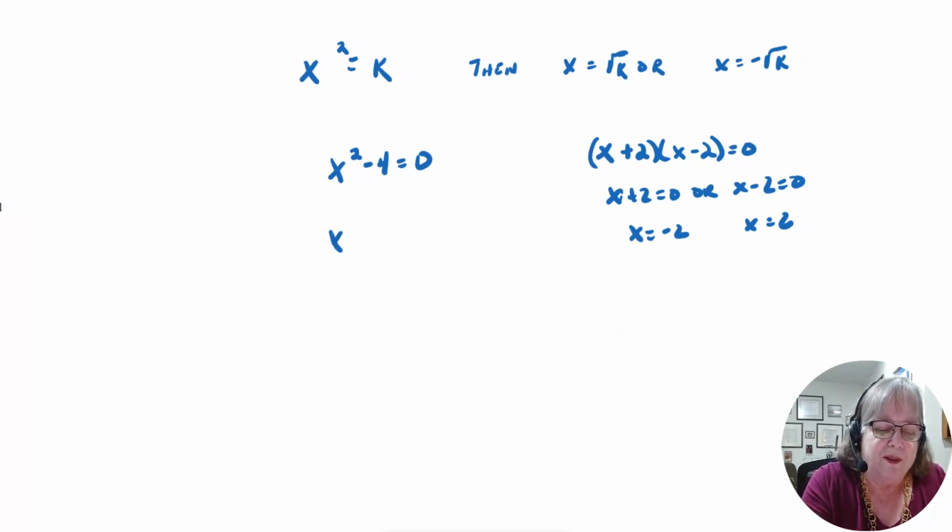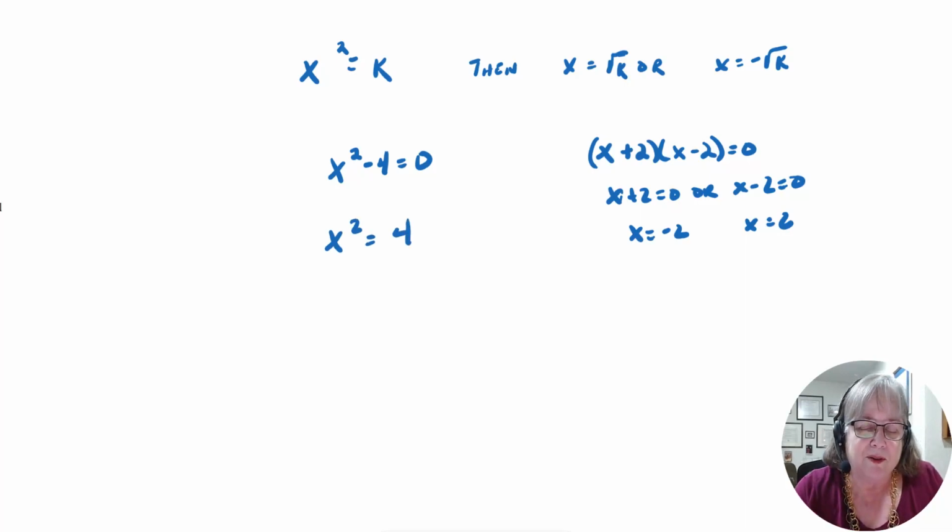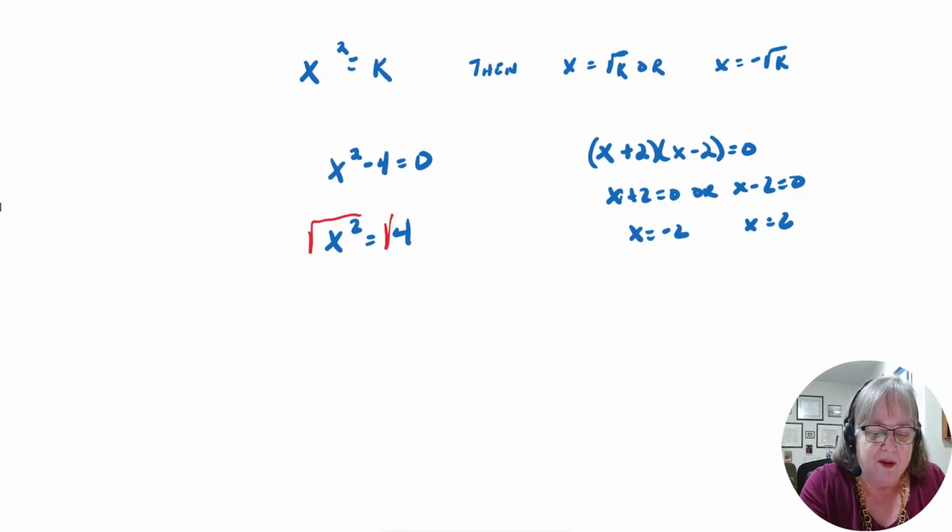But if we set it up like this instead of equal to 0, so if we have something squared equal to some number, then what we can do is square root both sides, because remember, you can do pretty much what you want to one side as long as you do it to the other side. Now, you can't divide by 0 or anything like that.